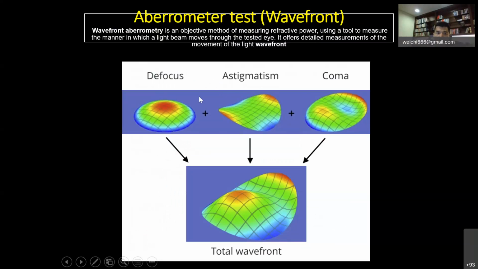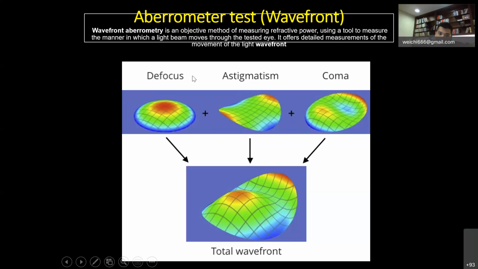We use a tool to measure the manner in which the light beam moves through the tested eye. Theoretically, if we send light into a patient's eye, the refracted signal should be a flat plane.